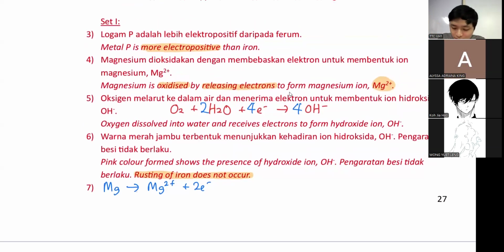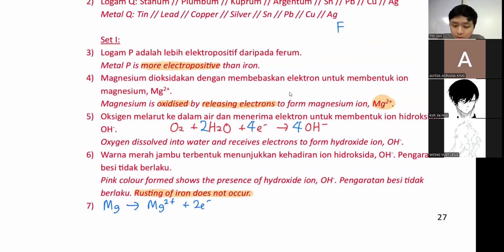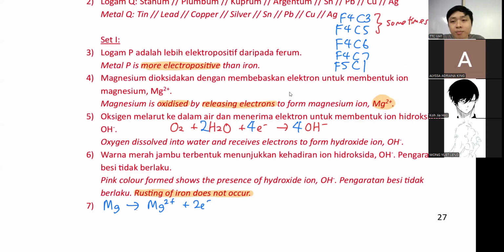I tell you, the popular ones that come out as essay are Form 4 chapter 6, Form 4 chapter 7, Form 5 chapter 1. Form 4 chapter 5 sometimes. These two, okay, sometimes.